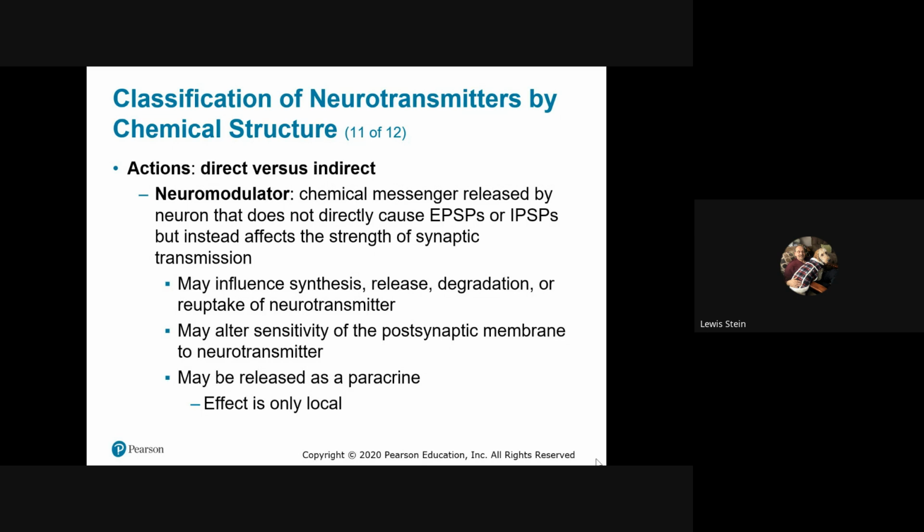For years, the idea of a neuromodulator is a lot of things. Modulation means it's altering the signal in some way, shape, or form.